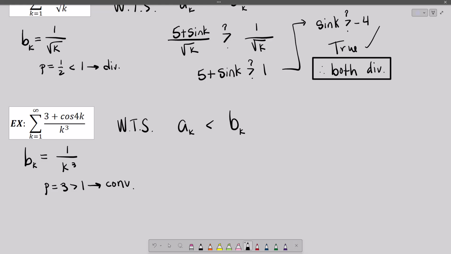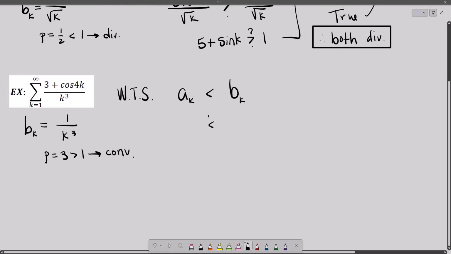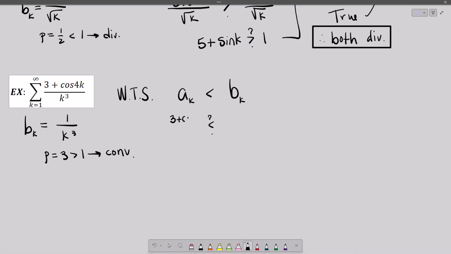Now this one, are we going to be able to show that with this inequality? So here is our a. So would we be able to show that? So if this is just a 1, is that going to be true? No. That is not going to be true.